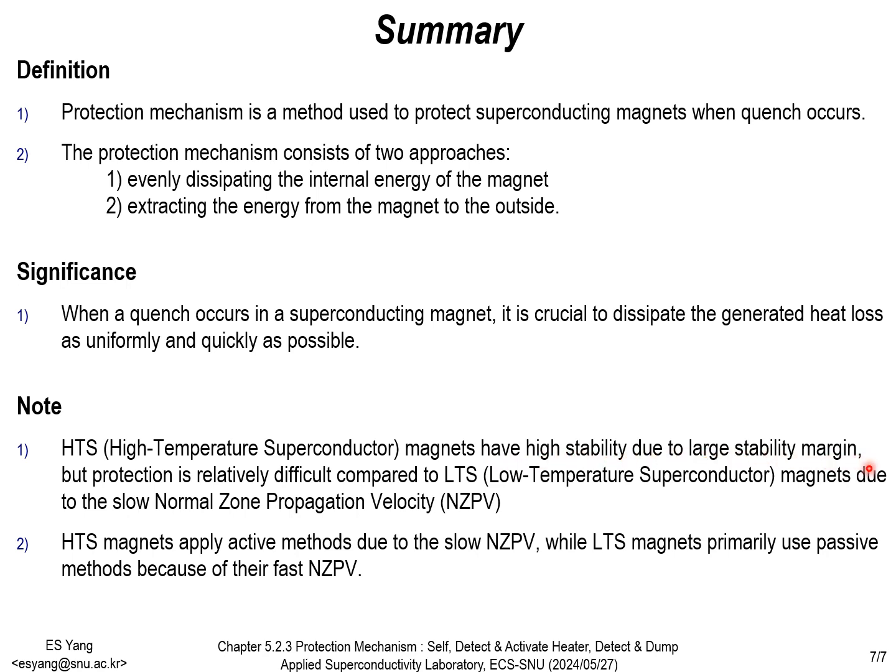However, due to the slow normal zone propagation velocity, NZPV, HTS magnets are relatively more challenging to protect compared to LTS, low-temperature superconductor magnets. HTS magnets use active methods because of their slow NZPV. In contrast, LTS magnets, with their faster NZPV, typically employ passive methods.